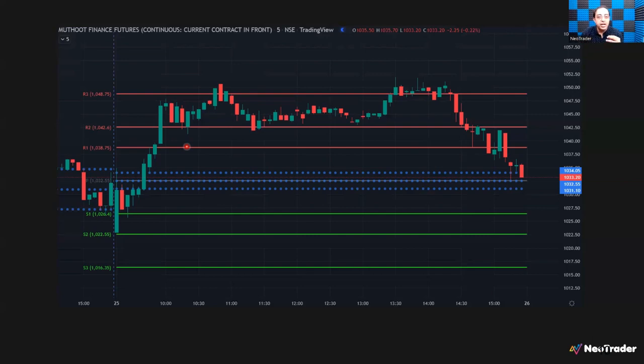You can see here that when such moves begin to happen, you are automatically able to get a very strong move to the upside. Whenever a price goes above R1, you will see the prices moving higher. Plus, along with that, if it crosses the previous day's high. So let me show you some examples which will give you some clarity on what exactly I am saying.